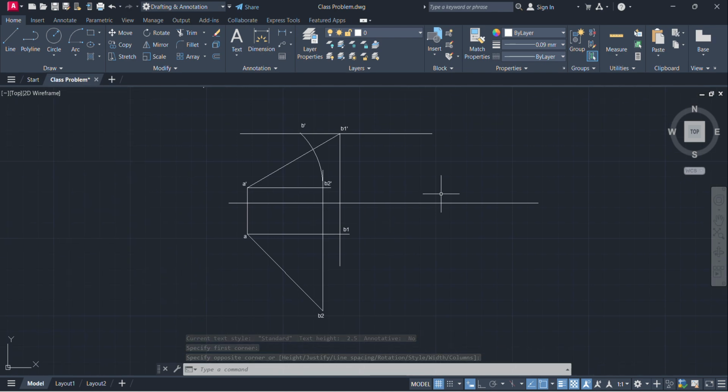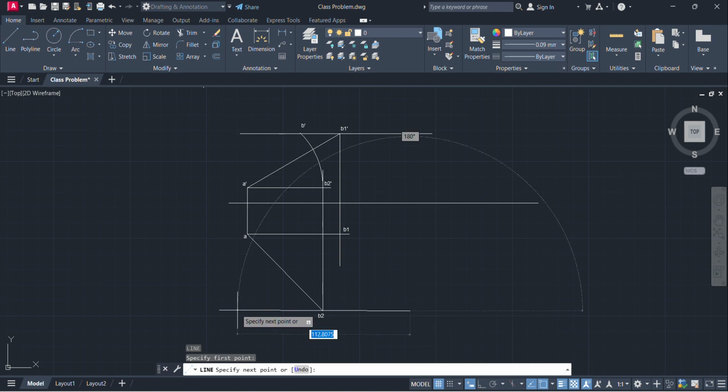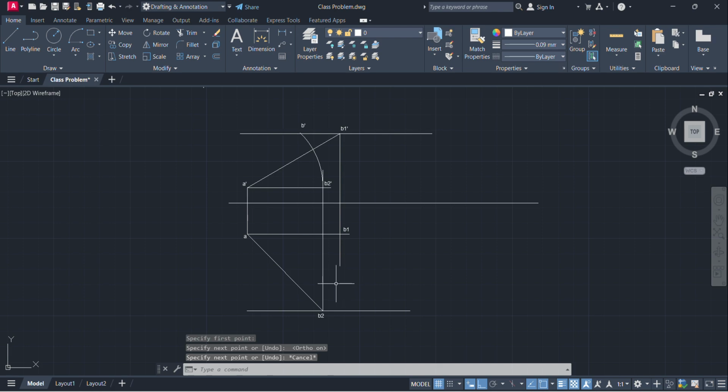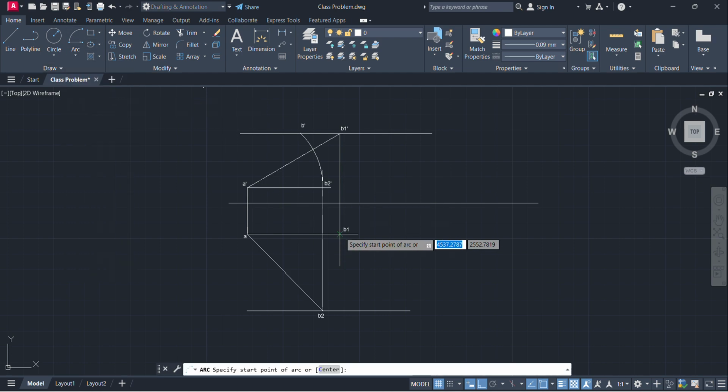Now same way I can draw locus of point B from point B2. Again on this locus I have to make sure that the actual length of A to B is equal to length of A to B1. Again I will take the arc. So I'm taking the start center end type arc.